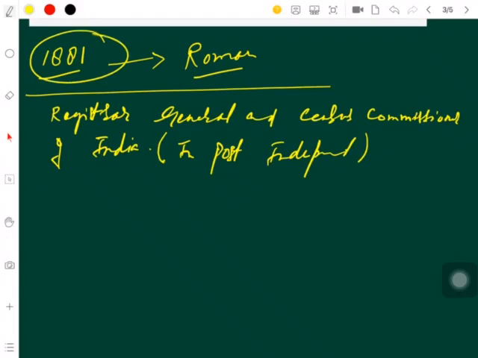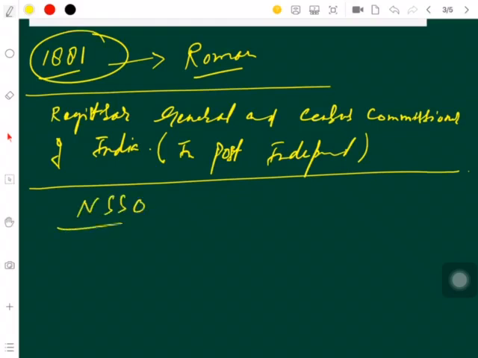So these were a few more things for you people. But before we conclude, we must know some things about an organization called NSSO, that is National Sample Survey Organization. There are various sources and organizations, both at national and state level, through which statistical data are being collected in India.